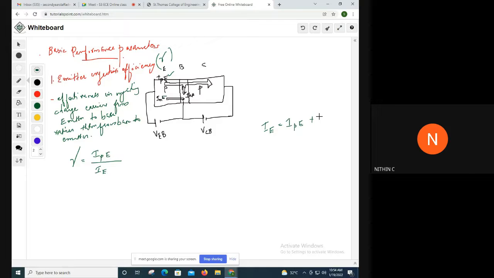So IE can be written as IPE plus INE, two components. So emitter injection efficiency is IPE by IE, in the case of a PNP transistor.